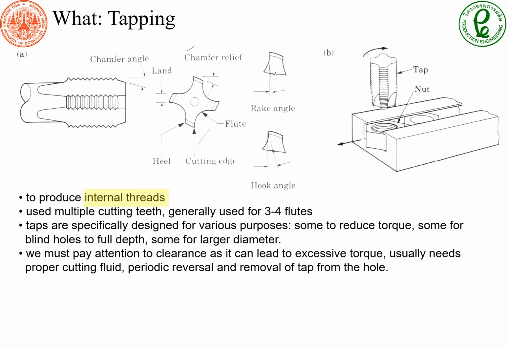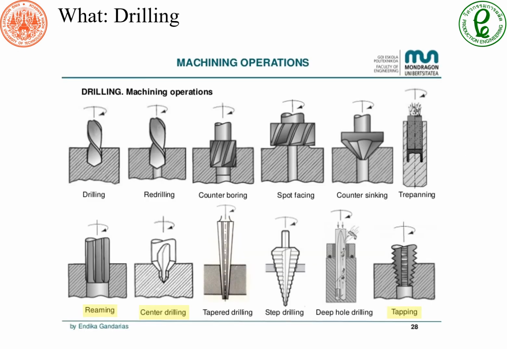The tapping process is another variation of creating a hole, where we create internal threads inside the holes. The drills themselves can also have many varieties. We have the typical drilling process. We can have counter boring, spot facing, counter sinking, center drilling, reaming, etc. So there are many variations of cutting tools that can be used.